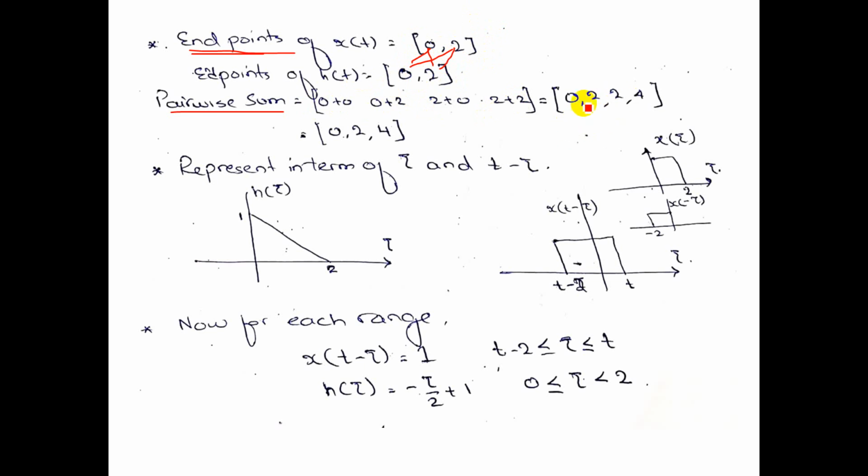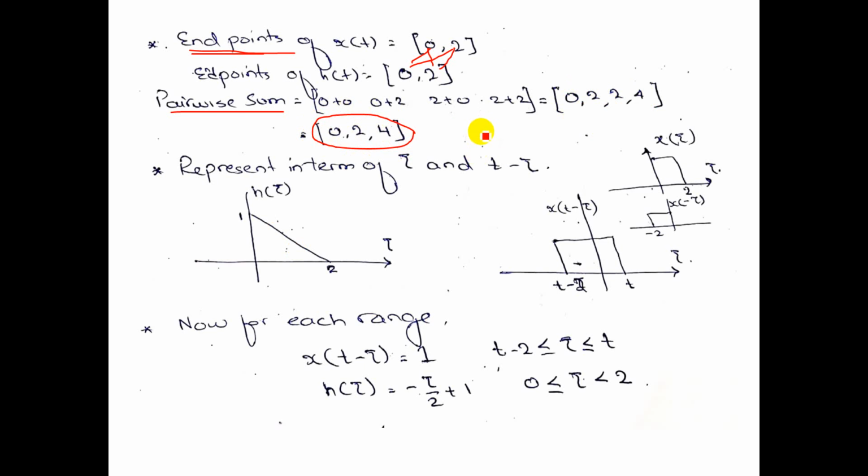The next step is to rewrite them in ascending order, from smaller to bigger value, and remove the multiple values, writing each only once. So 0 is here, 2 is repeated two times so I write it once, and 4 appears once, so I write 4. So these are the points for my convolution: 0, 2 and 4.